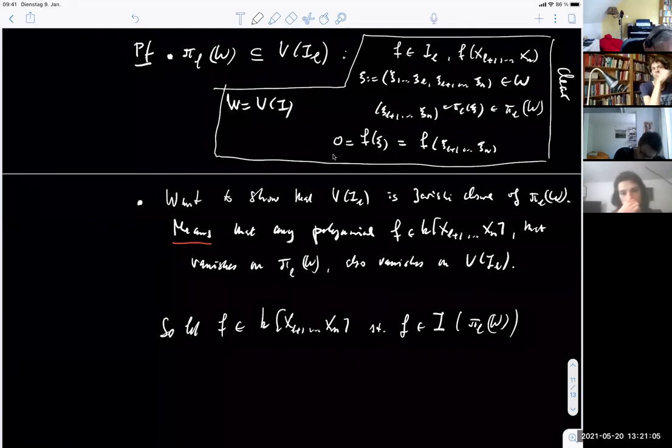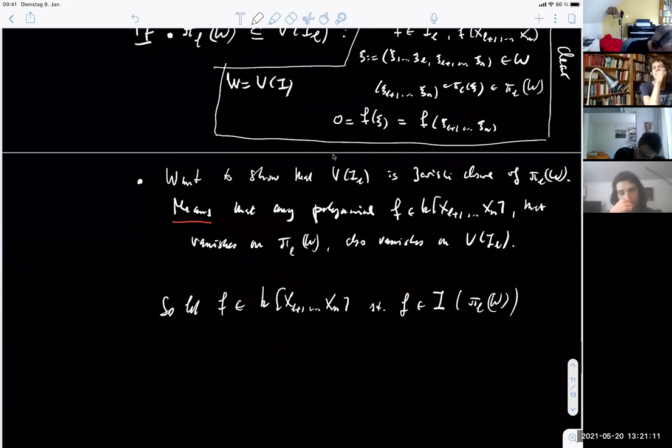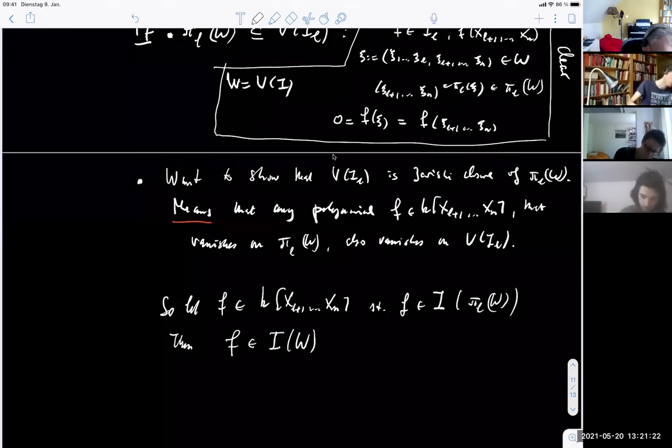Getting confused with my L's, okay? Okay, then, my f actually vanishes on the W. Why? Yeah, the f only depends on the last variables, so it doesn't see the other variables.